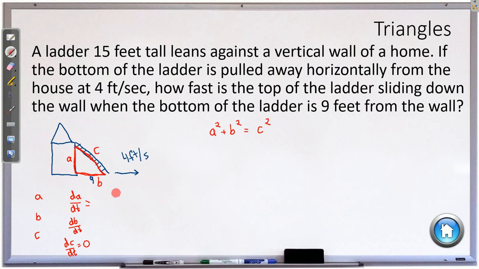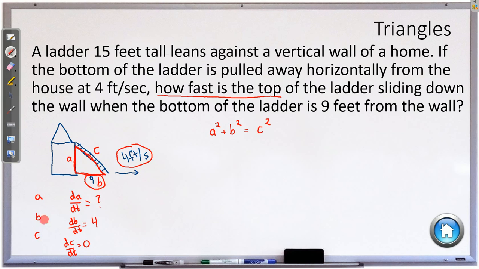Do we know what that is? How fast is the top of the ladder sliding down? We don't know what that is. Do we know what dB dt is? Yes, we do, because it's being pulled away horizontally at 4 feet per second. So this number right here is changing at 4 feet every second.